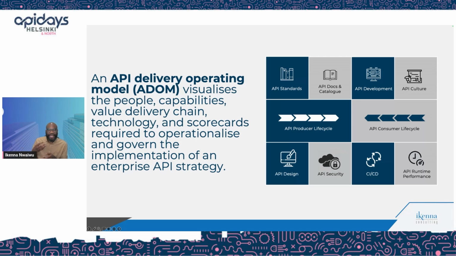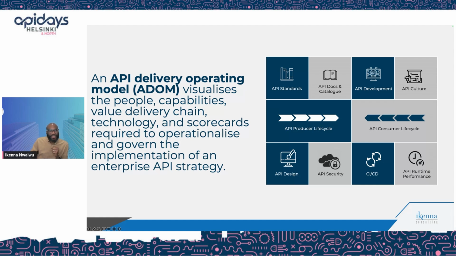What does that look like? Has that been mapped out? We really need a canvas. We really need an operating model to visualize that, and that includes knowing what technology we need to use, understanding what the scorecards are, and everything required to operationalize and implement that API strategy.